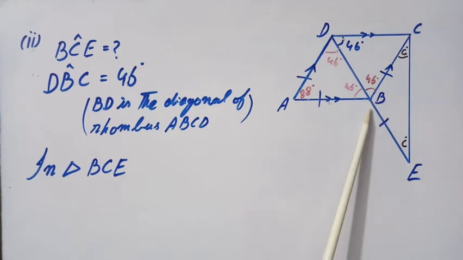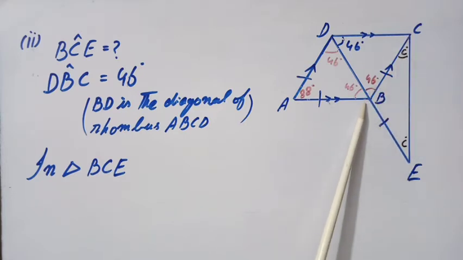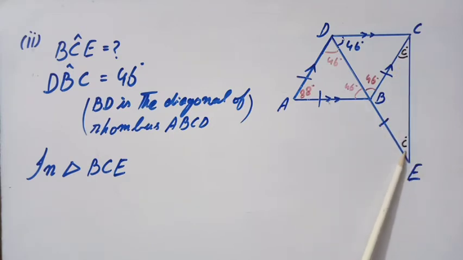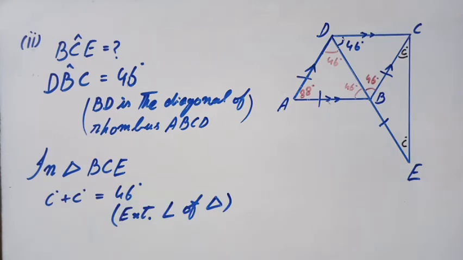See, this side BC is equal to BE, so these two angles should also be equal to one another in measurement, right? So we should say C plus C is equal to 46 degree. Why? Because of the exterior angle of the triangle, right?